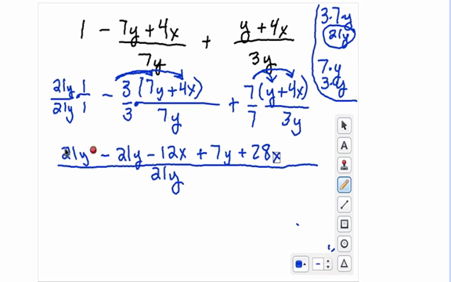And now we have all these like terms up here, so let's simplify those like terms. So 21y minus 21y, those cancel each other out, plus 7y. So you're left with 7y. And we have a negative 12x plus 28x, and that's going to give us a positive 26x.